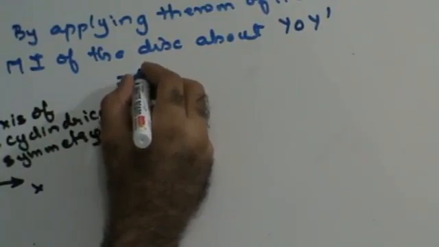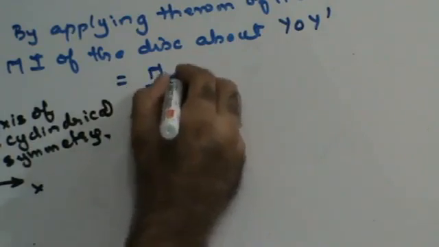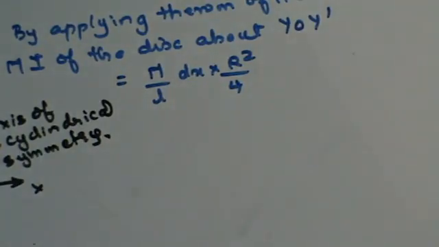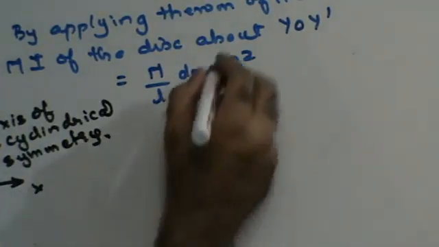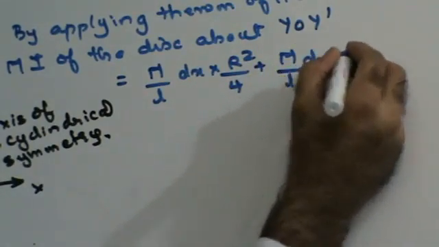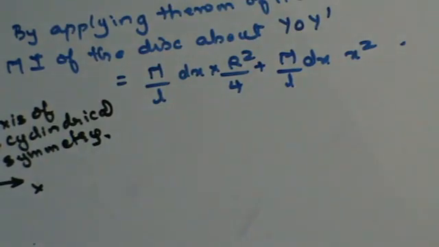So in that case, this will be m upon L dx into R square by 4, that is IC, plus M, that is m upon L dx, into the distance x square. Right? Moment of inertia about any axis is equal to moment of inertia about the parallel axis plus mass into the square of the distance between them. So therefore this is going to be the moment of inertia of the disc about YO Y bar.